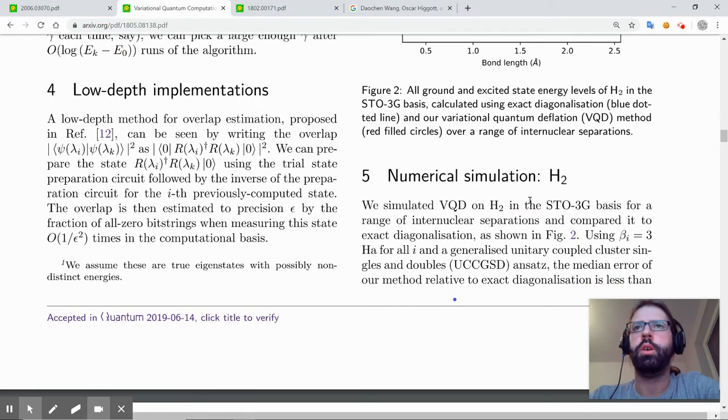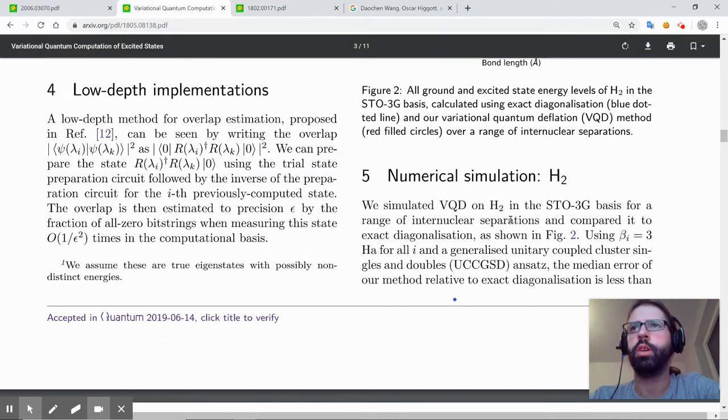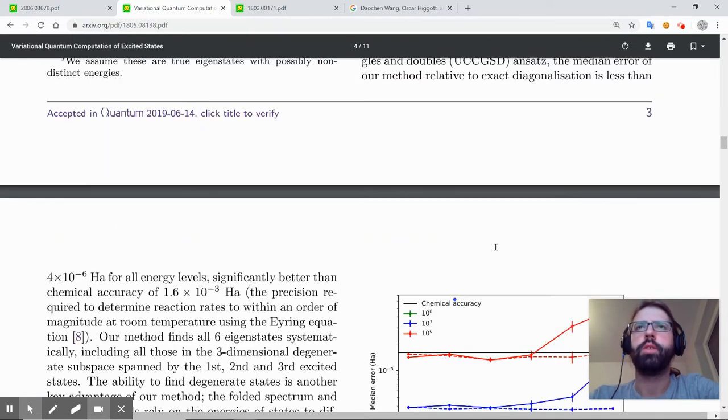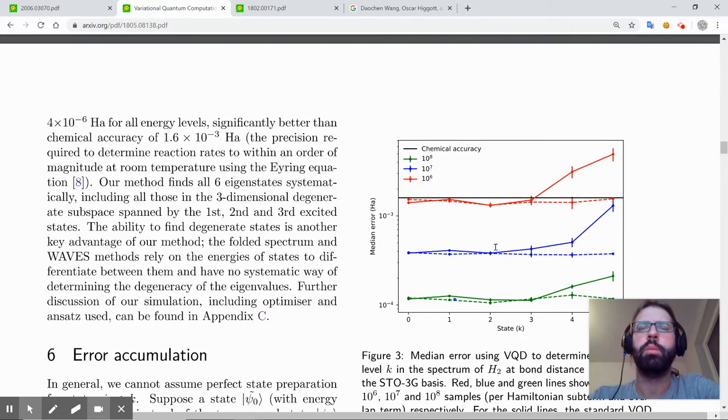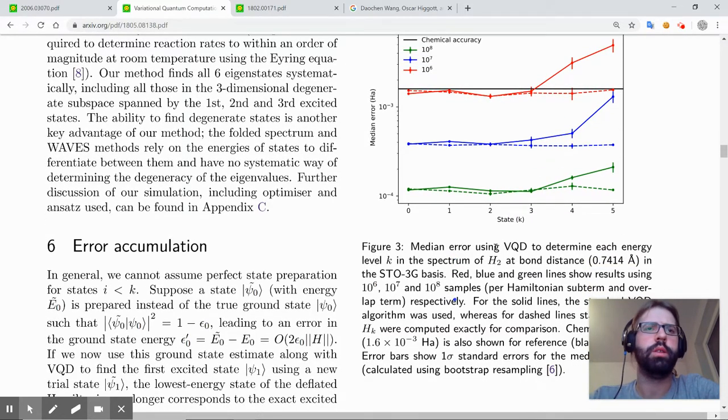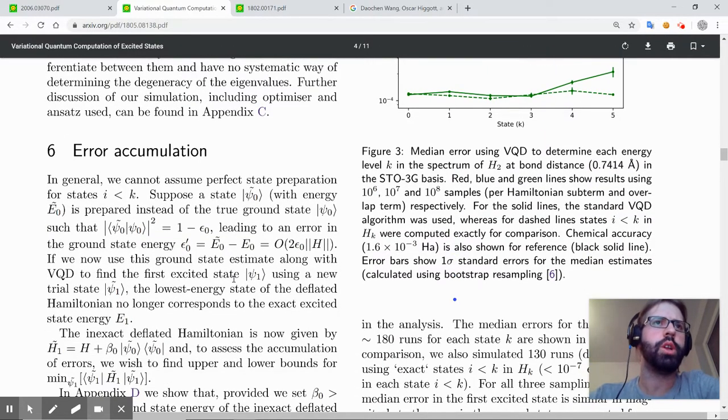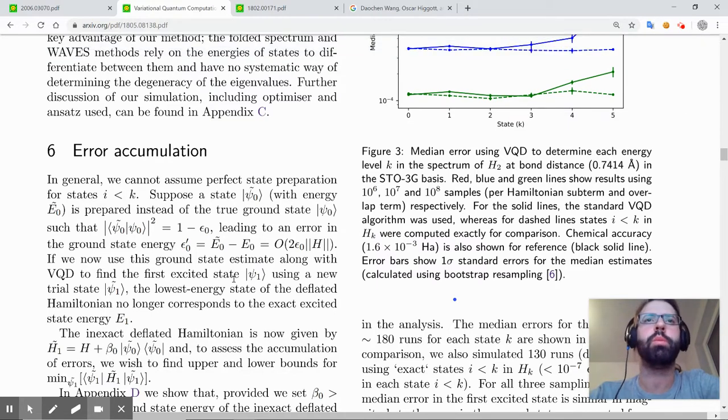We simulated VQD on, that's hydrogen, or what? And the estimated basis for a range of internuclear separations and compared it to exact diagonalization, as shown in Figure 2. So this is the example. They run an example. There's a discussion on error accumulation. In general, we cannot assume perfect state preparation.